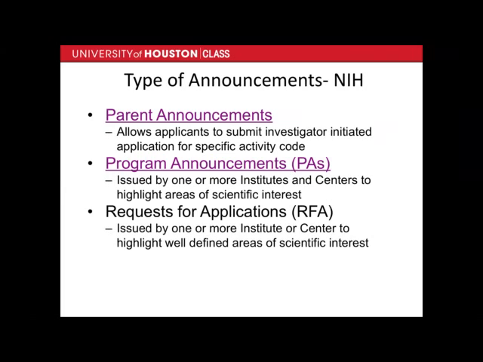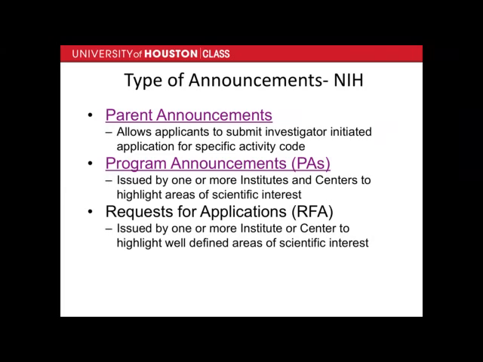So your parent announcement is basically what allows applicants to submit investigator-initiated applications for a specific activity code. And so basically, with your activity codes with NIH, that's like your R01s, your R21s, K12s, T32s, and things like that.